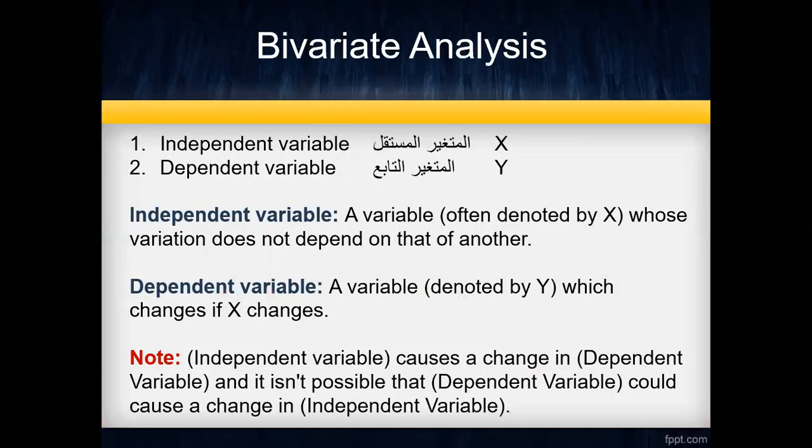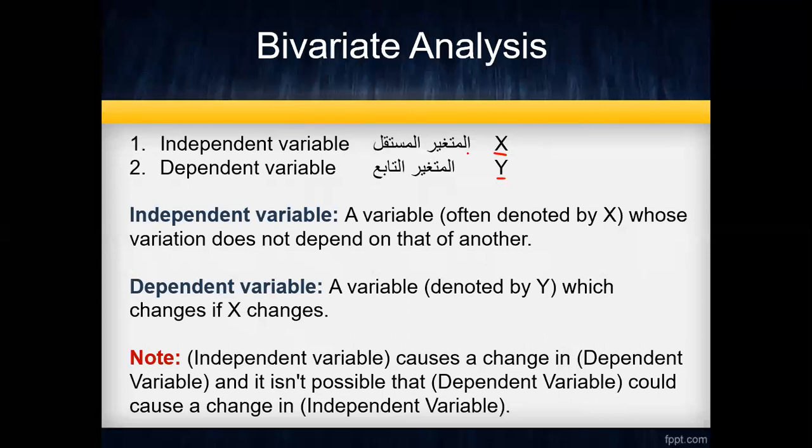One variable is always an independent variable, and the other one depends upon the independent variable. Usually the convention that we use for the independent variable is x, and for the dependent variable we use y. So always we use the same convention.